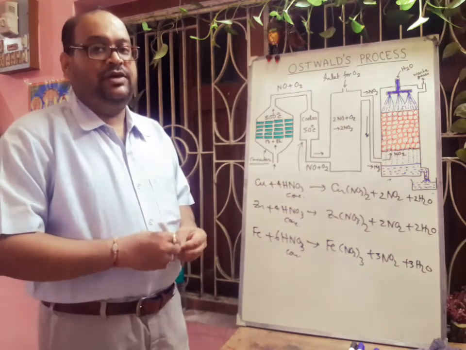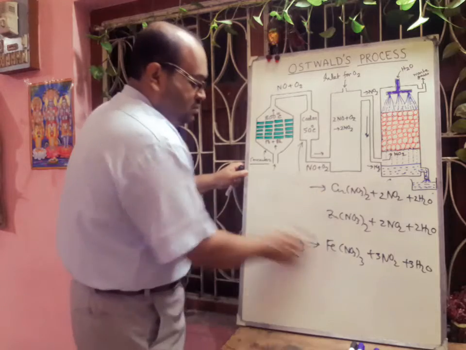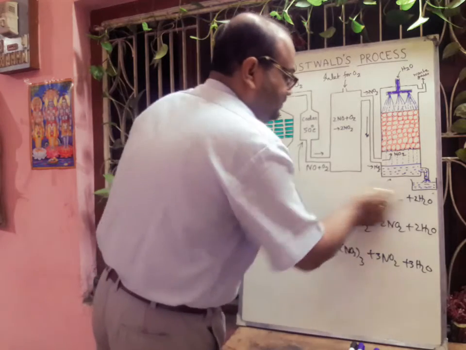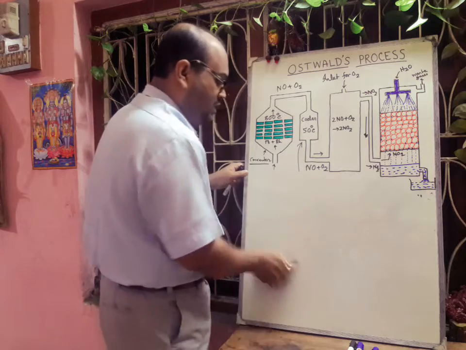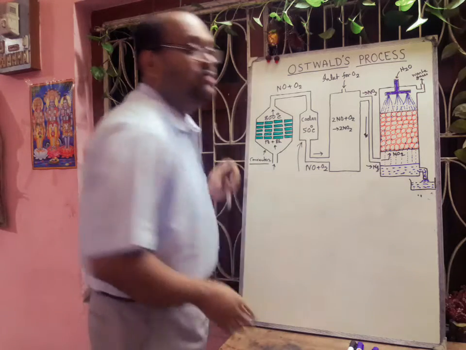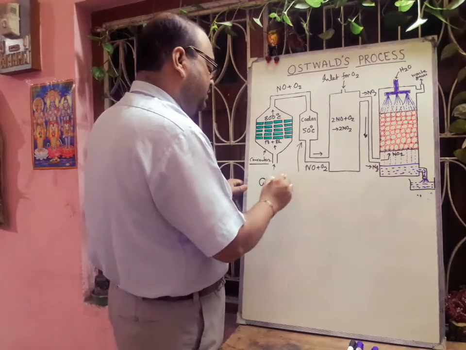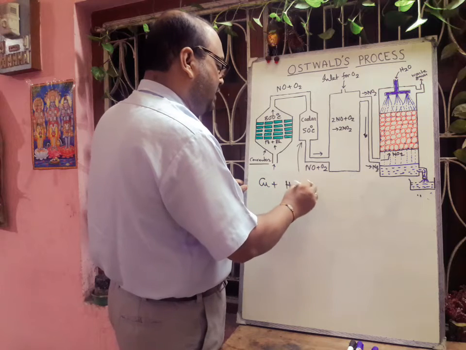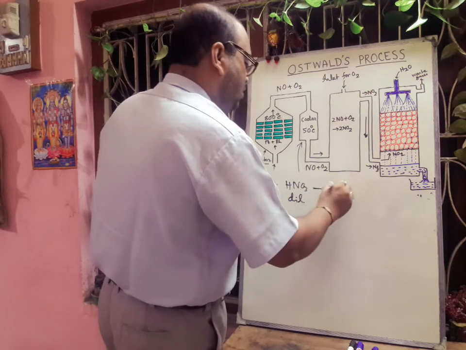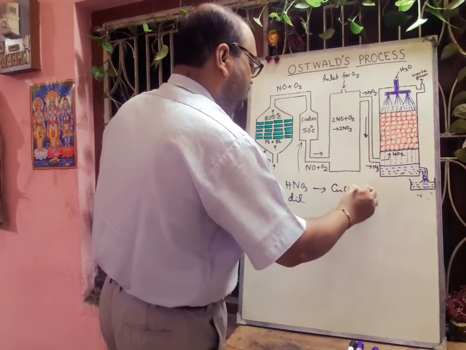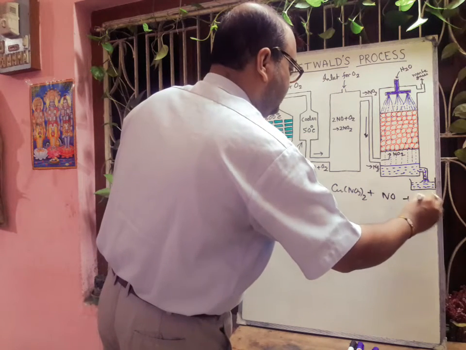Now what will happen if we use the dilute nitric acid? Dilute nitric acid also oxidizes the metal, but it will produce nitric oxide in lieu of nitrogen dioxide. So if we write the reaction with copper, copper is reacting with the dilute nitric acid and it will form copper nitrate, plus there will be formation of nitric oxide plus water.